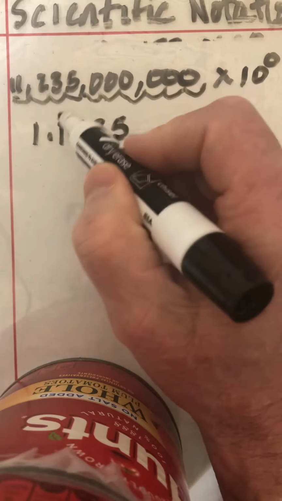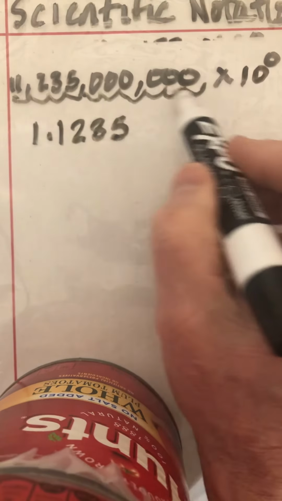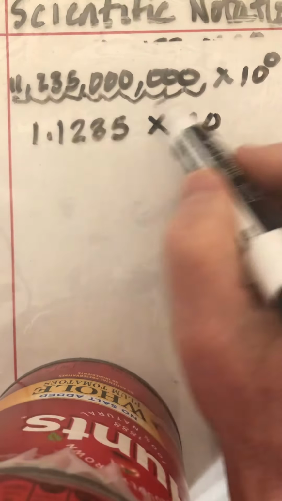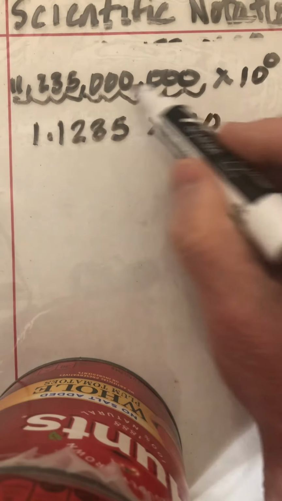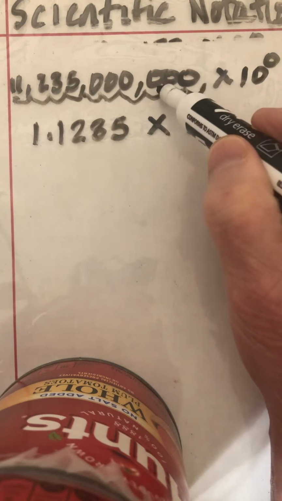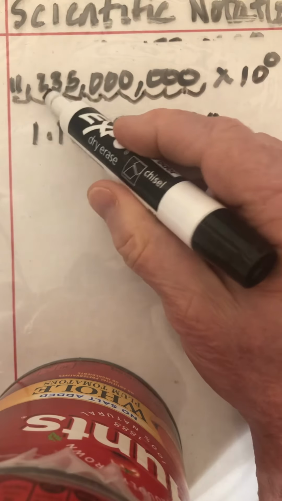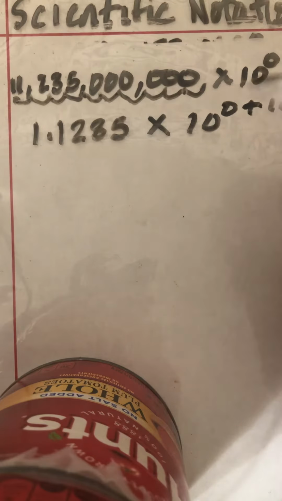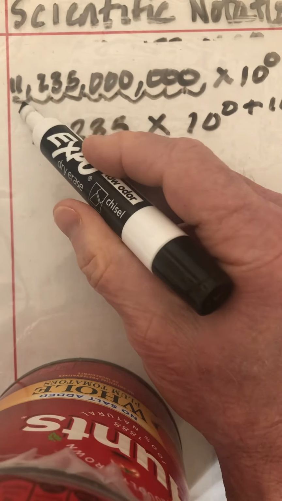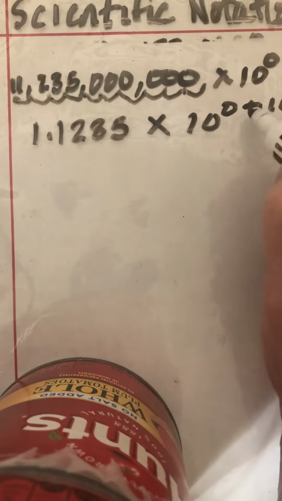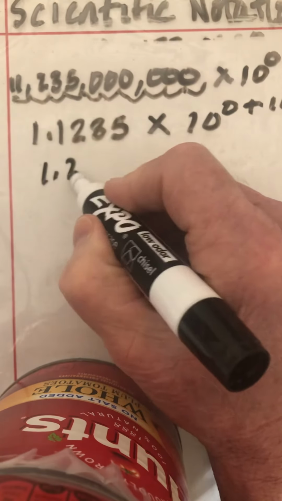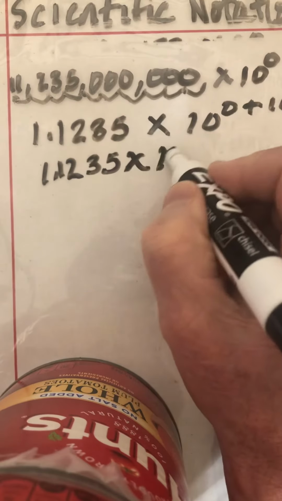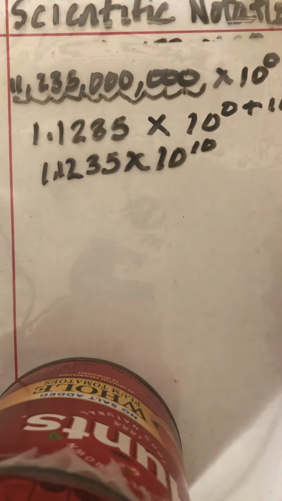I have to keep all those numbers because they have a place value, but these zeros no longer have a place value, so I'm going to get rid of those. And then I'm just going to say how many times I went in this direction: 1, 2, 3, 4, 5, 6, 7, 8, 9, 10. So this has to go in the other direction, right? I divided by the powers of 10 to the 10th power. Now I had to multiply by 10 to the 10th power. So that'd be 1.1235 times 10 to the 0 plus 10, which is 10 to the 10th.